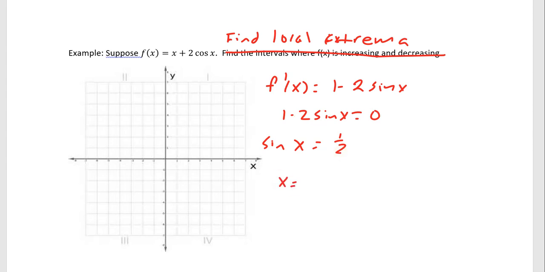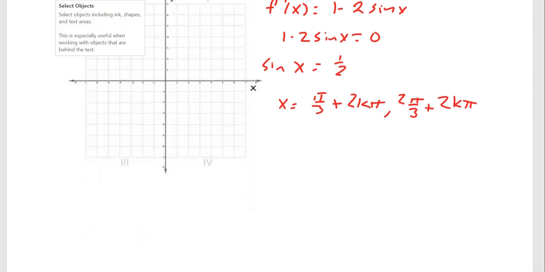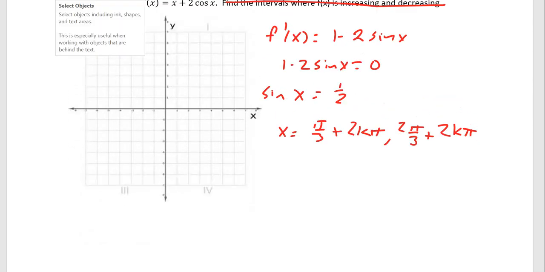Now, remember that was at all of the pi over 3 plus 2k pi's and 2 pi over 3 plus 2k pi's. So we had all kinds of intervals where this thing is going to be increasing, decreasing.